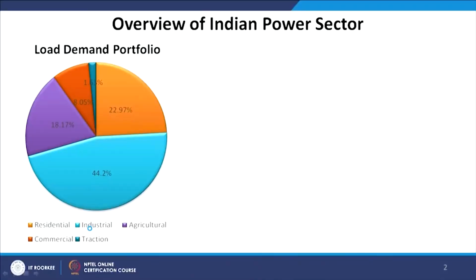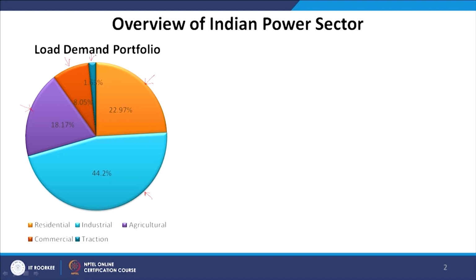Now, let us understand the overview of the Indian power sector, to be specific here. If you look into the Indian load contribution for residential, industrial, agriculture, commercial and traction loads, approximately 23% is from residential customers, 45% from industry, 18% from agriculture, 8% from commercial and close to 2% from traction.